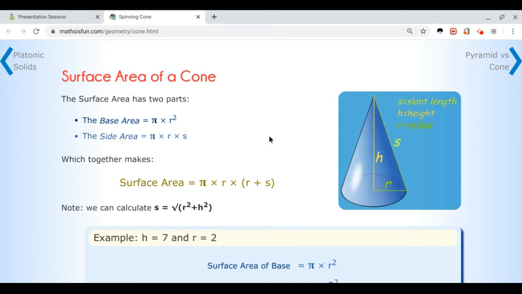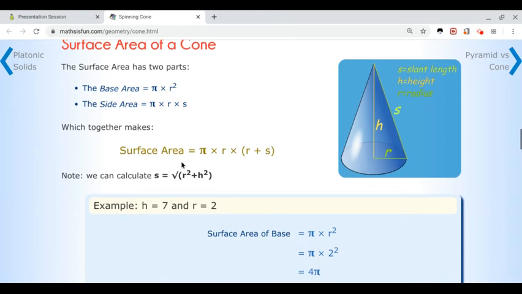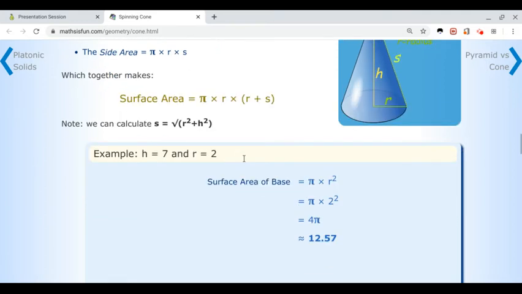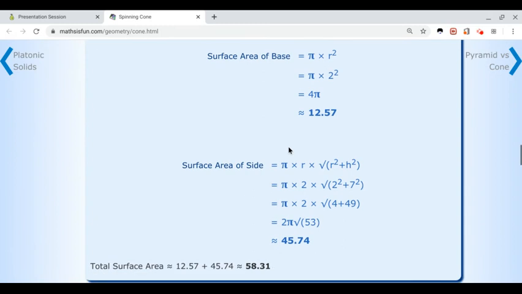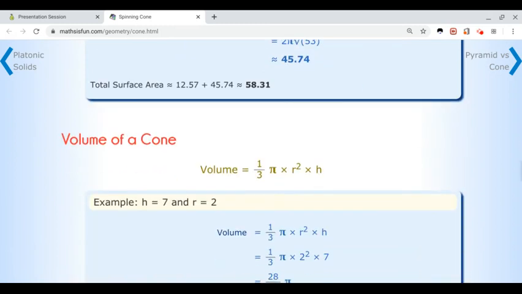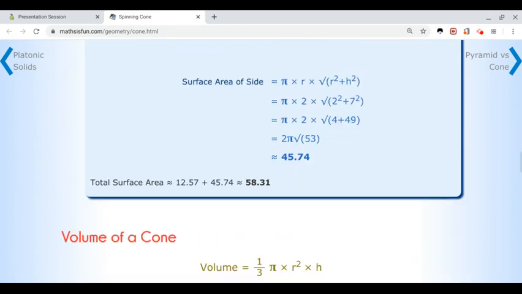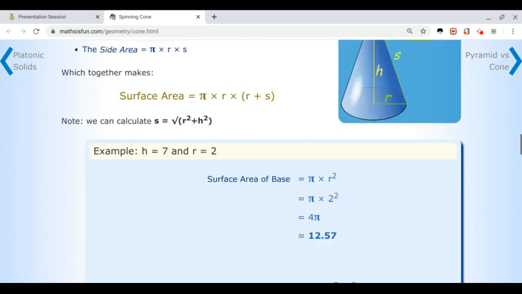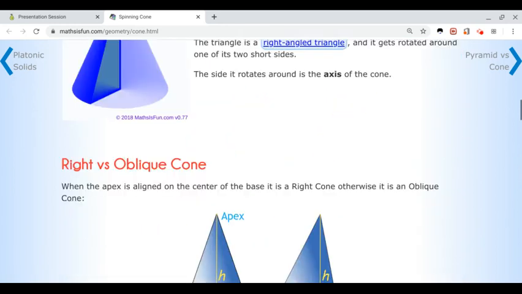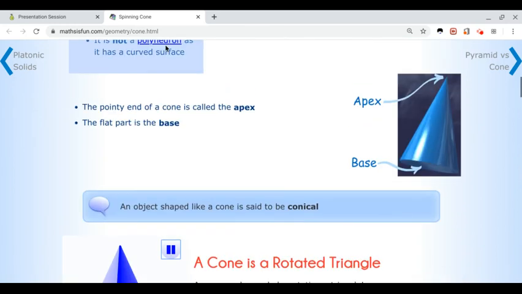Which together makes the surface area, so pi times r plus s. In this case, they just took out the r here, but you're basically just redistributing it. So here are some examples that they give you. It was just a quick little exploration that I thought you guys would enjoy.